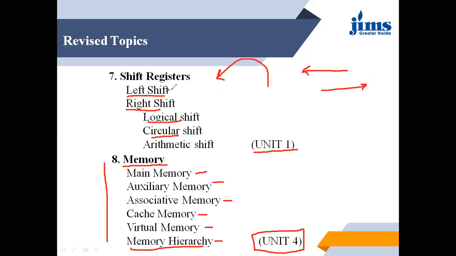Means in shift registers there are logical left shift, logical right shift, circular left shift, and circular right shift. So these are of four types: logical left, logical right, circular left, and circular right.